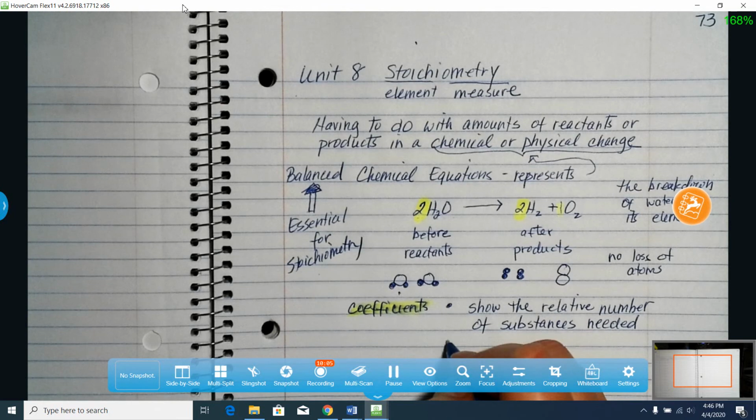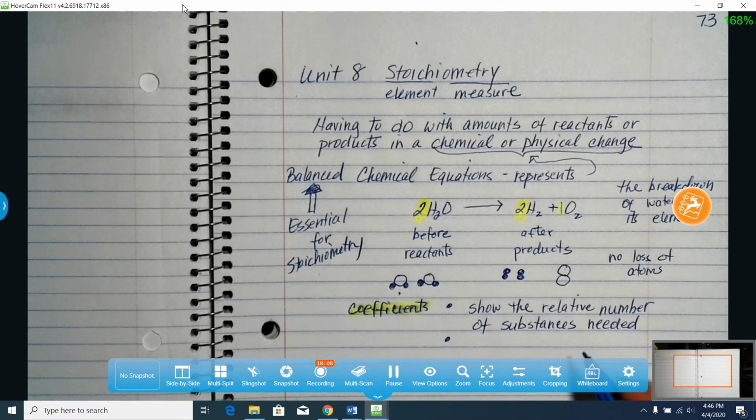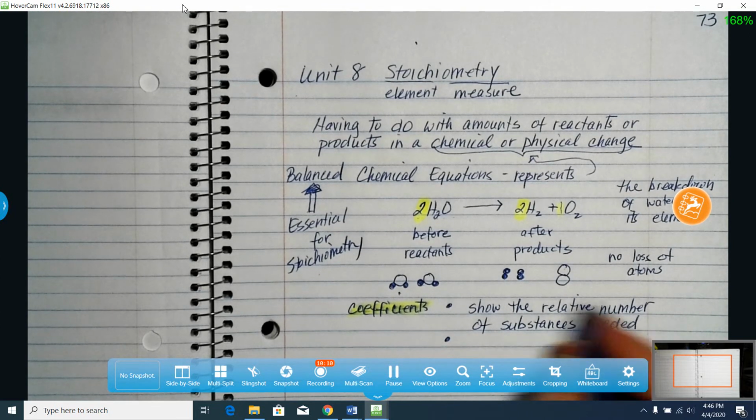And why do we use them in stoichiometry?